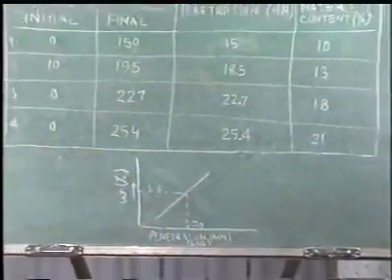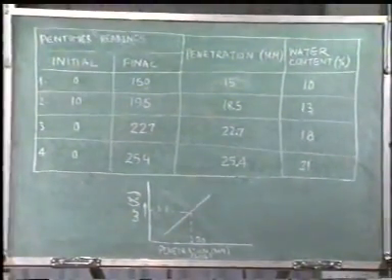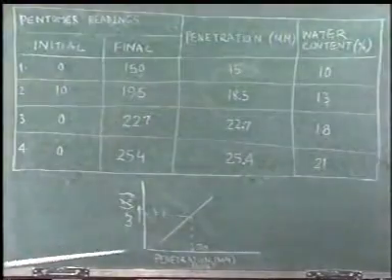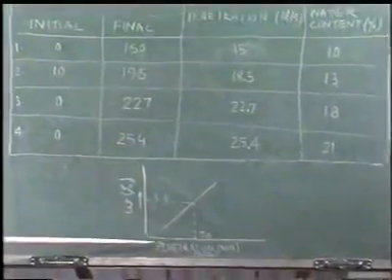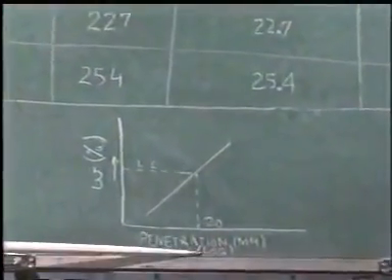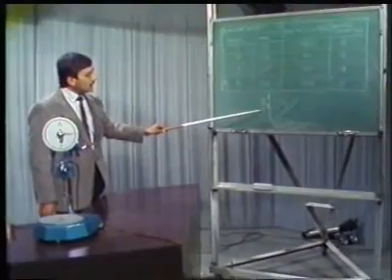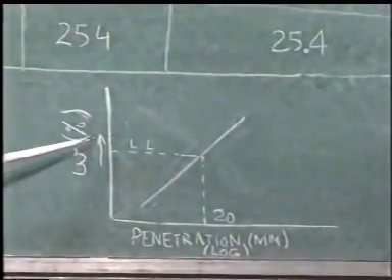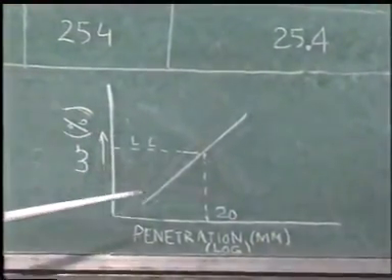The penetration is then plotted against water content on a semi-log graph, taking penetration along x-axis on the log scale, and the water content in percentage is plotted on the y scale, which is on the simple graph.